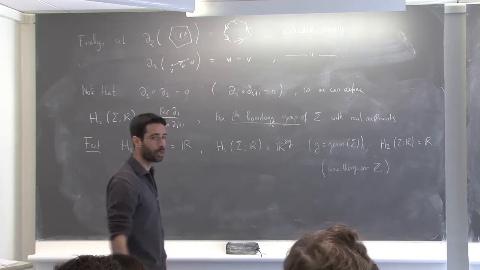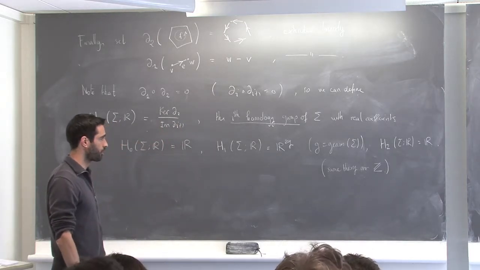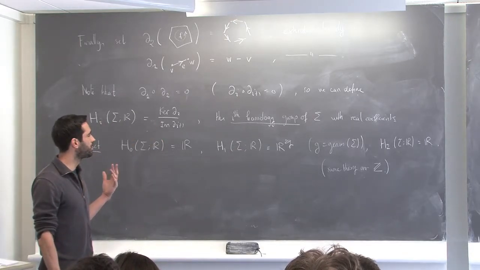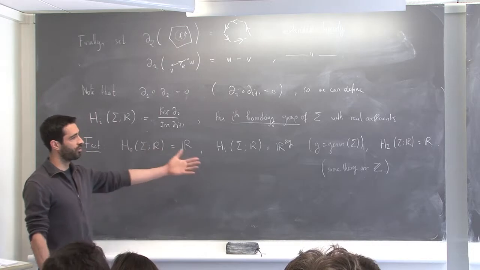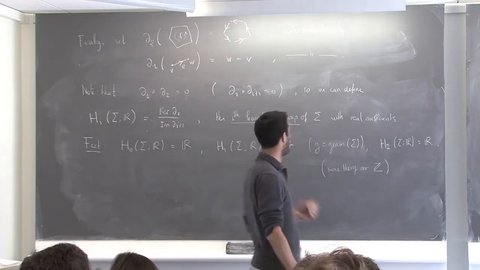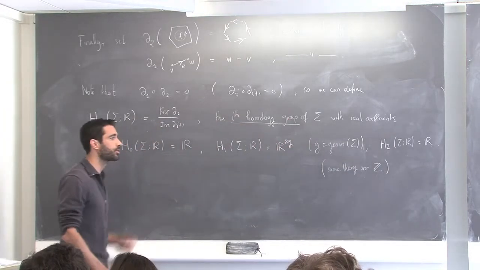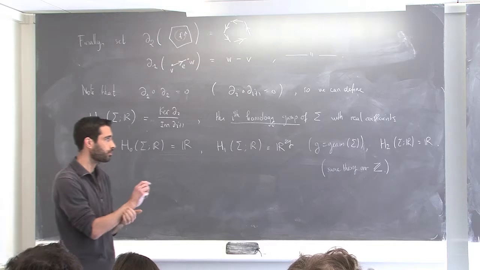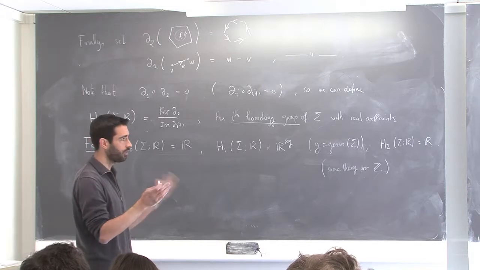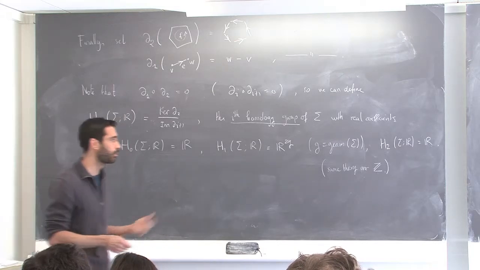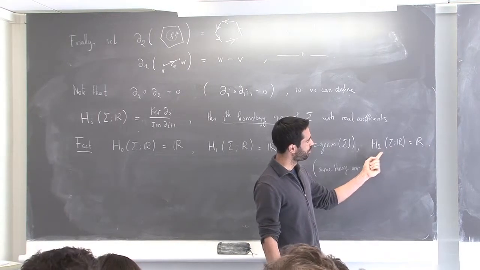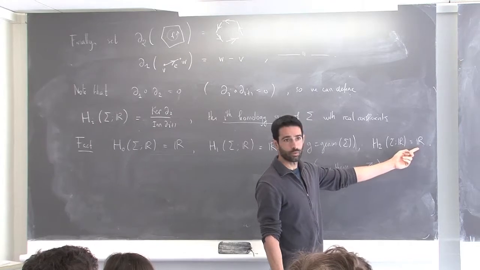Maybe just as a side remark for general culture, here in this example you might think that it's completely useless to consider to change the coefficients, because when we did it over Z2, we had Z2 power 2G, Z2 over R over Z, it gives the same thing. So in case of an orientable surface, it's true that you don't have more information changing coefficients, but it's not true in general. So even if you look at non-orientable surfaces, for example, you take the Klein bottle, if you look at the Klein bottle, you take R coefficients, you will get 0 for H2.